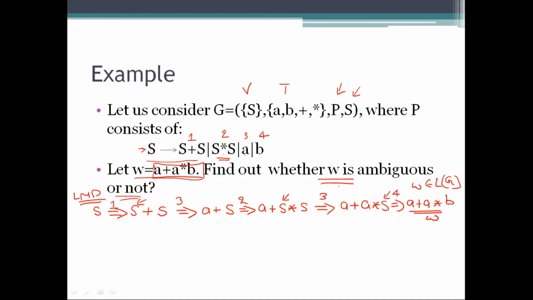Now again we try to find out whether another leftmost derivation is possible for this string or not. We start again from the starting symbol.